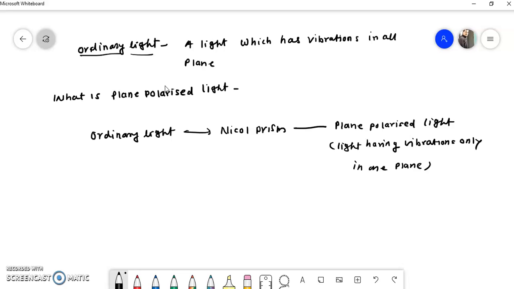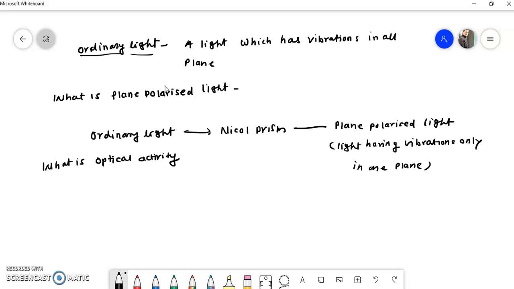These are some important basic concepts to study optical isomerism. Another thing we have to study is what is meant by optical activity. As I already told you, optical isomers have the same chemical and physical properties and the same structure, but they have a different configuration, and due to the different configuration they have different arrangement of atoms in space, and due to this they have different optical activity.